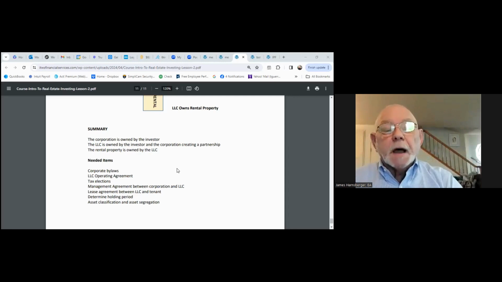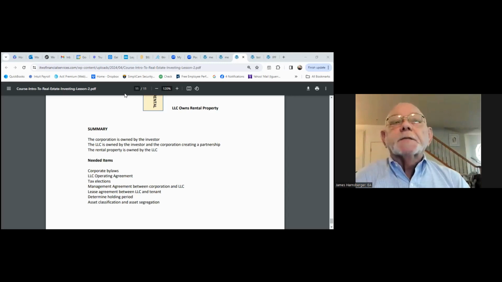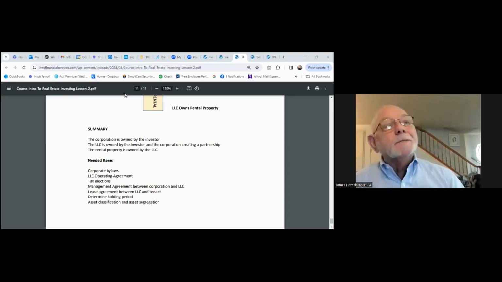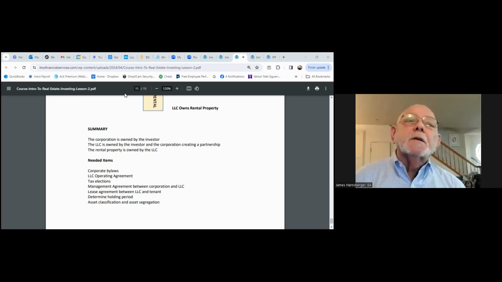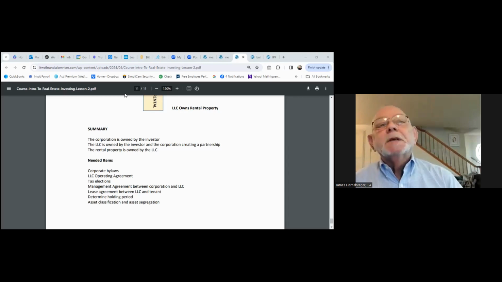And the cool thing about that is once you've got this set up, there's very little that you have to do to change it until you get up to either $10 million in real estate assets or $10 million in real estate income in a particular year. There's very little that needs to be done or added to or changed in the composition of the structure.